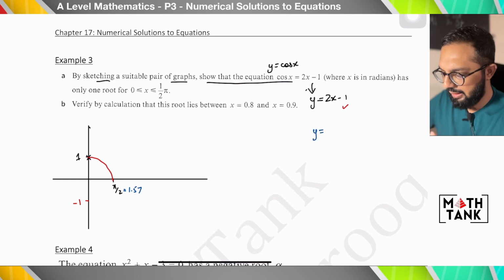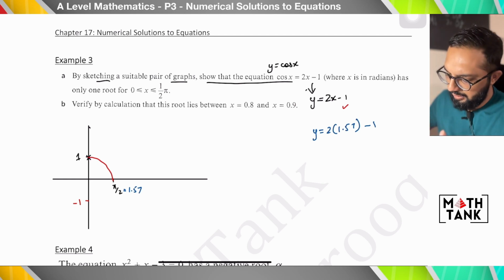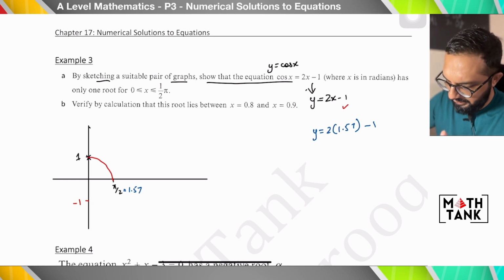So I'm going to plug in 1.57 and see what value I get. What is 2 into 1.57? 1.571 into 2 minus 1. That gives me 2.142. So I'm going to say that this graph will be somewhere here, and it's going to be a straight line that goes like that.